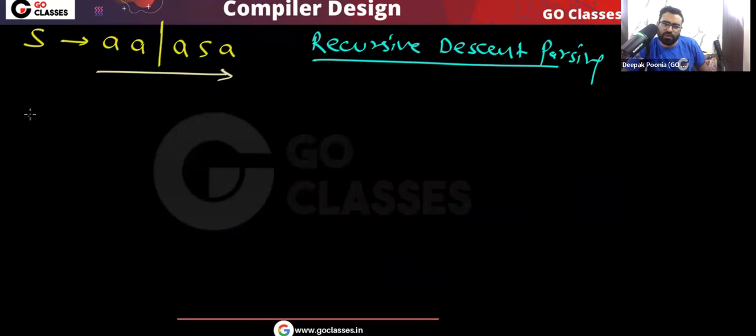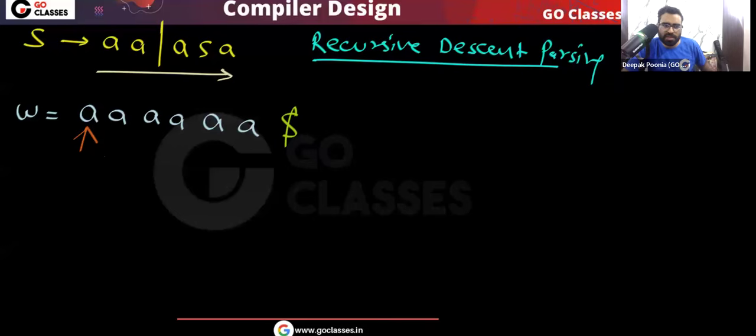You can see the same thing for this string, for example for 6A: AA, AA, AA. You will start from here and scan the input string from left to right, one symbol at a time. This is the current input symbol initially, and we start from the start variable.